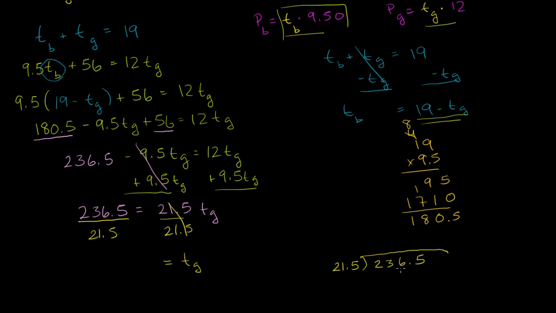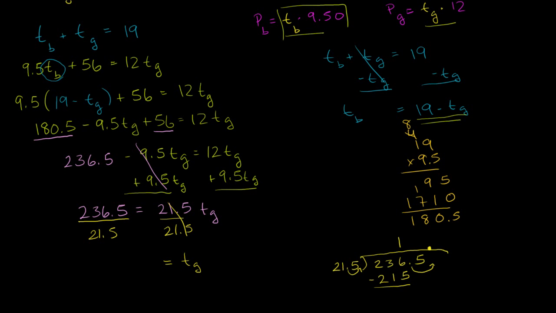Let's multiply both of these numbers by 10. So this is the same thing as 215 going into 2,365. The decimal goes right there. 215 goes into 236 one time. 1 times 215 is 215. And then we can subtract.